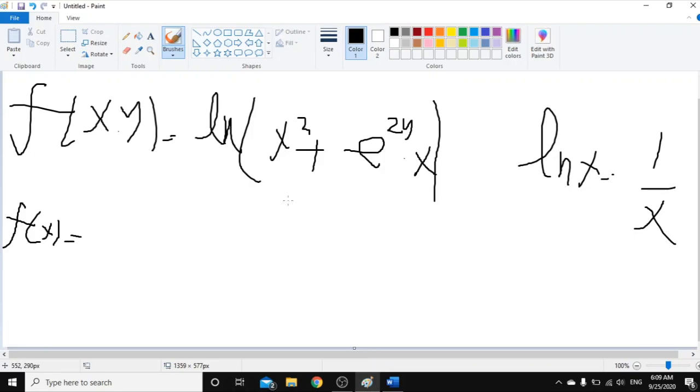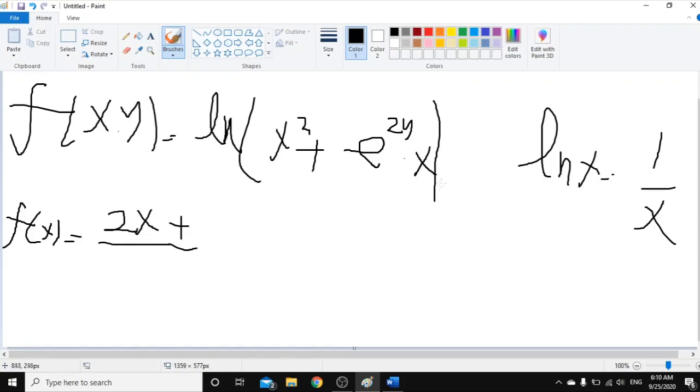So to take the partial derivative in both x and y, you need to take the partial derivative of the inside over the normal equation. So here, with respect to x, x squared will be 2x, plus here e to the 2y times x.